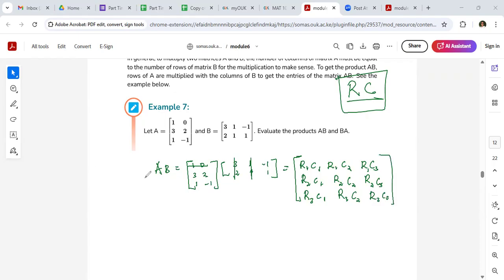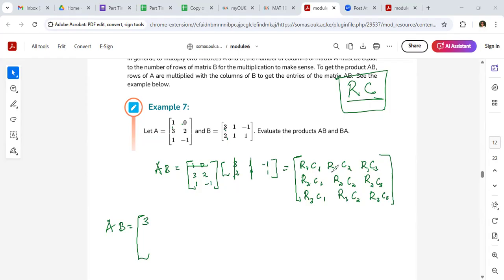So let's carry out now the computations for AB. Let me multiply row 1 by column 1 of B. When you multiply a row by a column, you find sums of products of corresponding elements. So you have 1 multiplied by 3 plus 0 multiplied by 2. So the result here is 3.